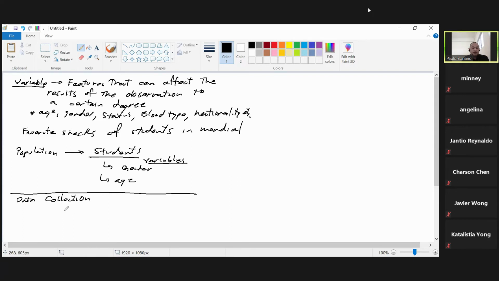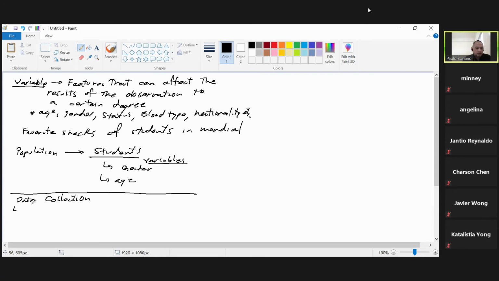So if we have information floating around us, we need different methods for us to collect this data. That's what we call data collection.